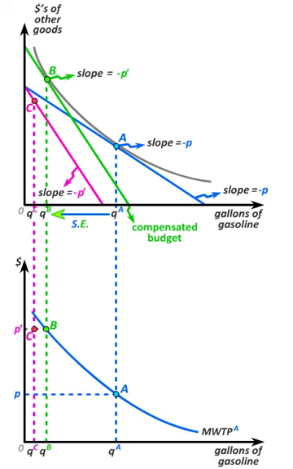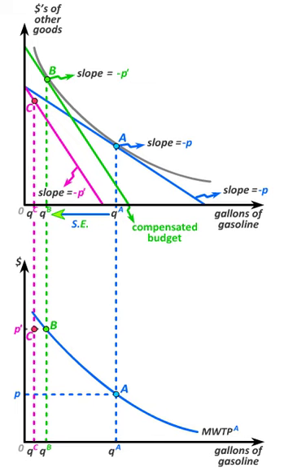The marginal willingness to pay curve is therefore generally not the same as the own price demand curve. The own price demand curve is derived by connecting C and A in our lower graph. The marginal willingness to pay curve is derived by connecting B and A. Unless point C is the same as point B, the marginal willingness to pay curve will be different from the own price demand curve.